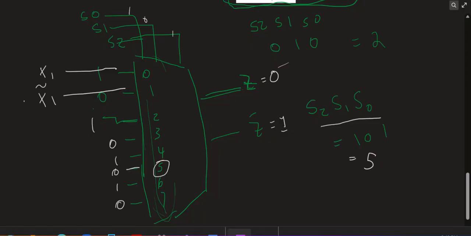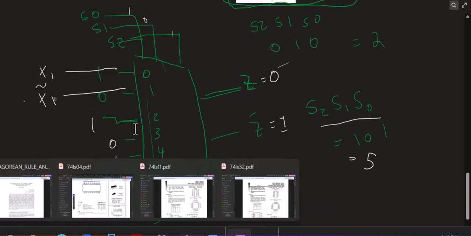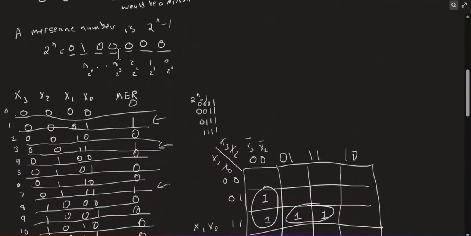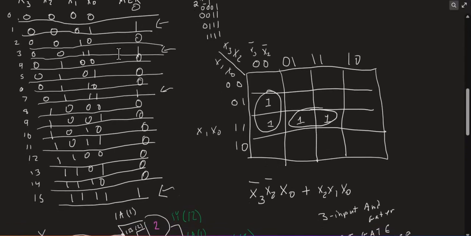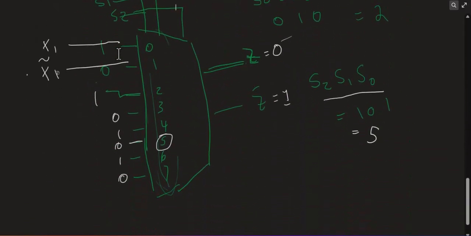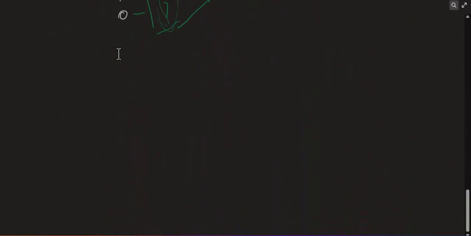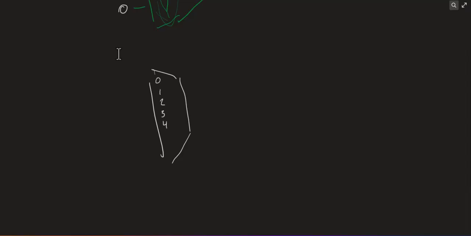Okay, so now let's go back and look at our truth table. It would be real handy if we only had to do the first 7 Mersenne numbers. I mean, if we only had 3 digits. Because if we only had 3 digits, then all we would have to do, if we just had to get the 1, 3, and 7, we could put a 1 here, and a 1 here, and a 1 here, and a 0 everywhere else.